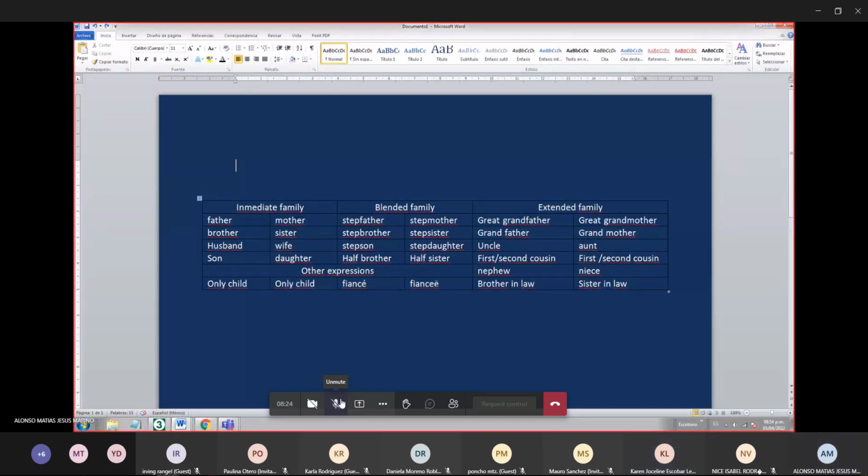Correct. And finally, who wants to do the extended family? Great-grandfather, great-grandmother, grandfather, grandmother, uncle, aunt, second cousin, nephew, niece, brother-in-law and sister-in-law.